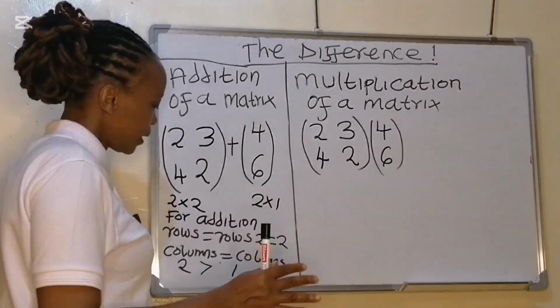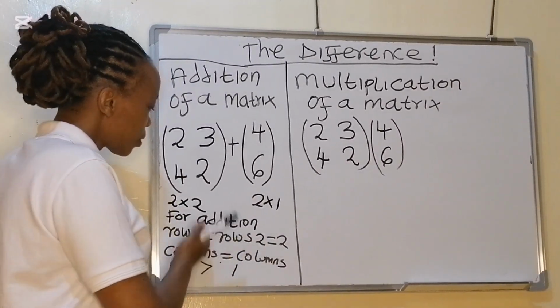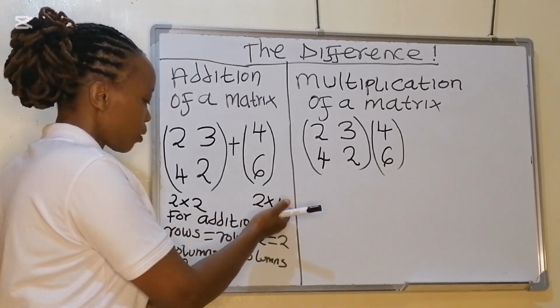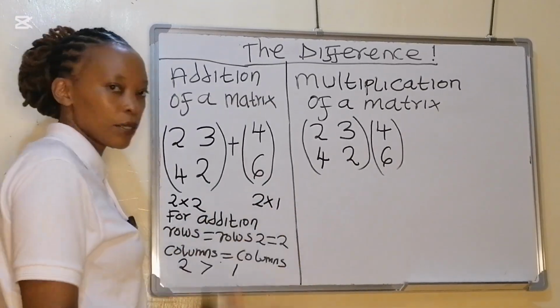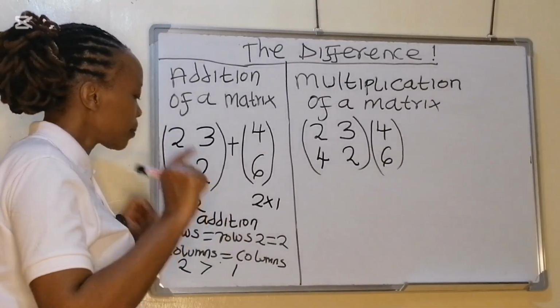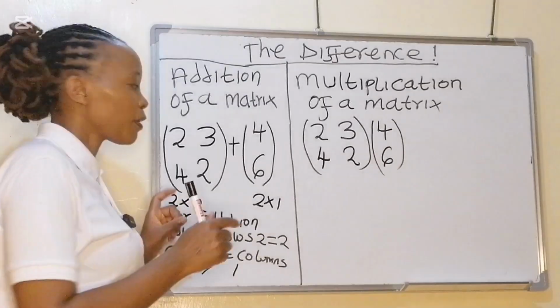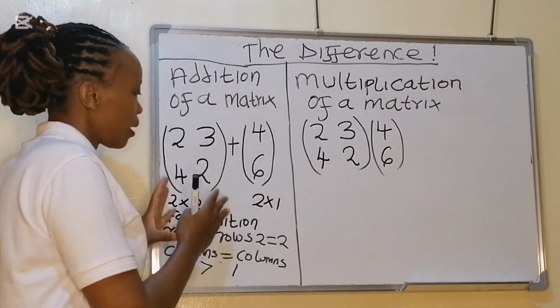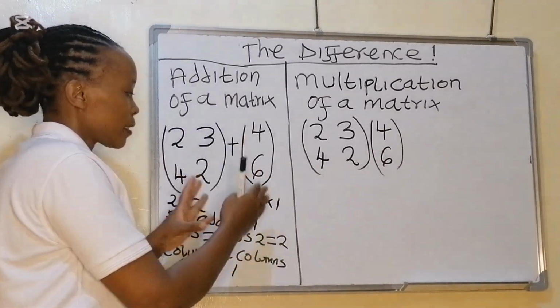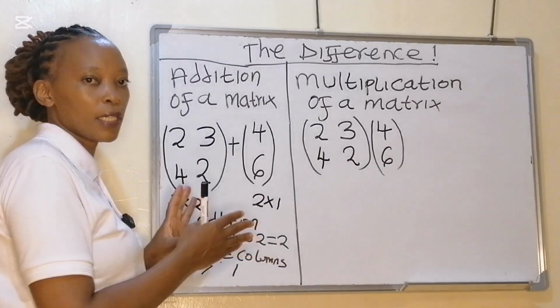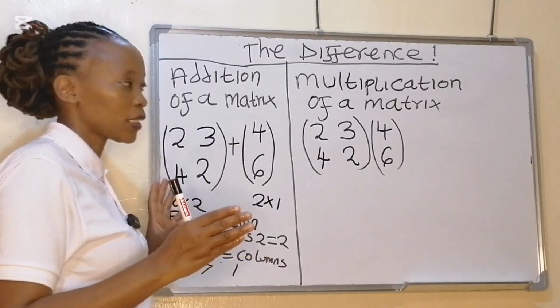It is not compatible because for columns, we have 2 columns here and 1 column here. So 2 is greater than 1. So columns must be equal. If the first matrix has 2 columns, the second matrix must have 2 columns. I hope you are with me up to that point.